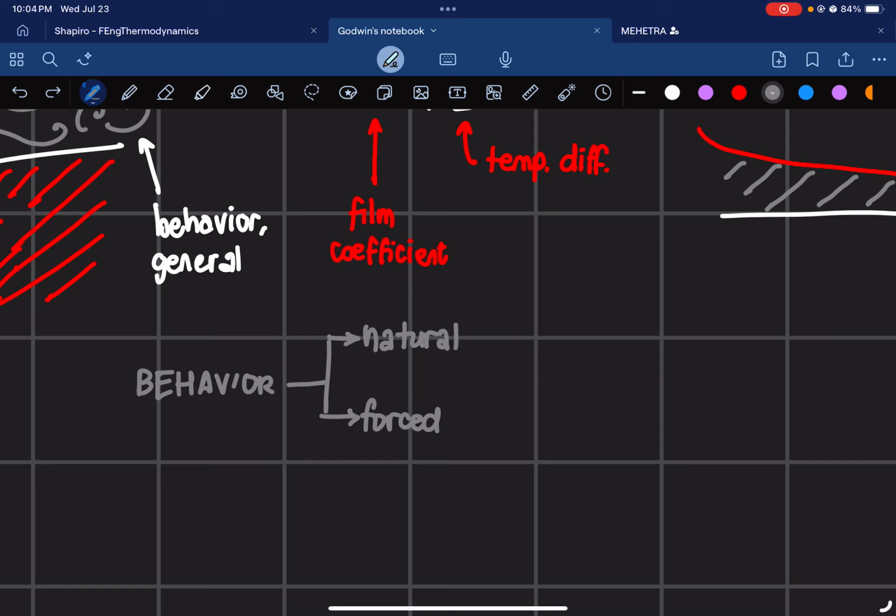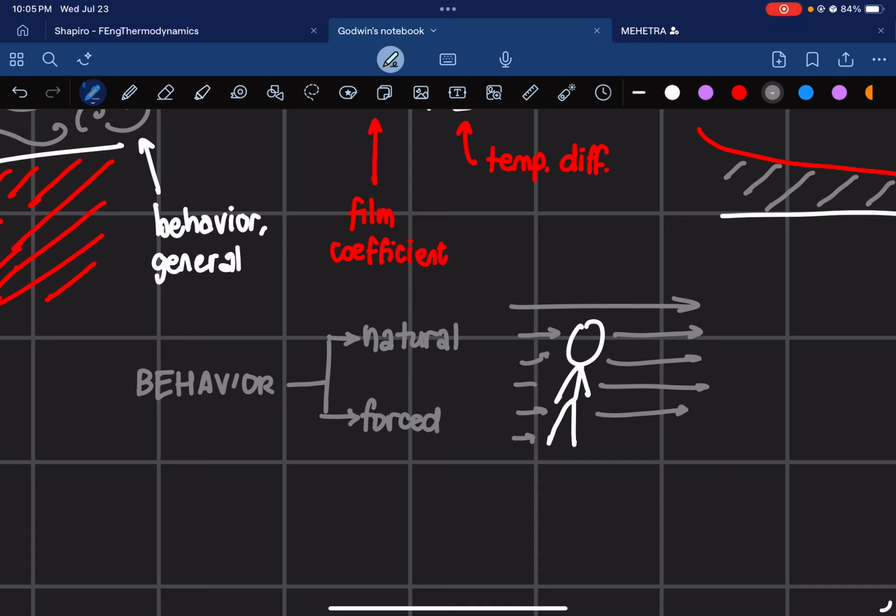This is why, even though it's hot outside, if it's windy enough, we don't feel hot. The air is running by us so quickly that it's taking away heat from us, even though it's still somewhat hot. And that is why at night, or anywhere that it's very windy, it tends to be pretty cold.